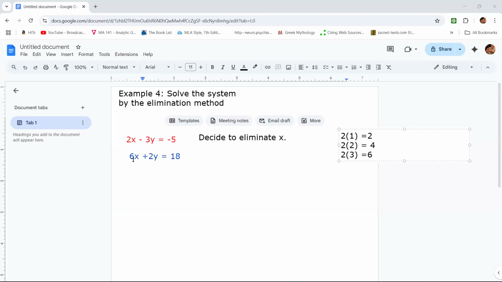Now, that's 6. That's good, because if I multiply this 2 by 3, I can get 6. And I have a 6 here. So I need 6x and negative 6x if I'm going to eliminate, because I need this coefficient.